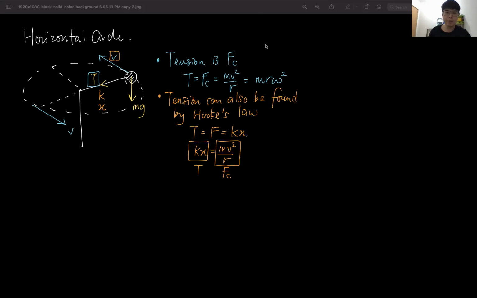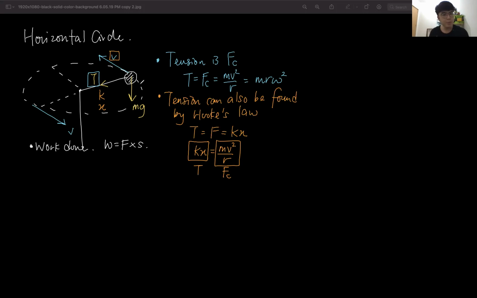Okay, and then the third point to take note of is the work done. Is there any work done? What do you think? Work done, by definition, is force in the direction of displacement, in the direction of motion, right?